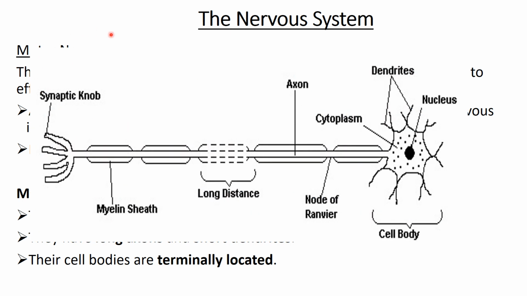So this is an example of a motor neuron. I have the synaptic knob here, which connects or links with another neuron. Then we have the myelin sheath, which helps the impulses travel faster, and it's found in the axon just like any other neuron, together with the nodes of Ranvier.